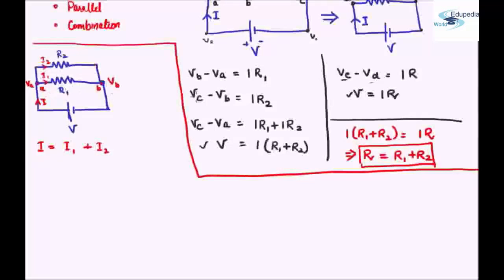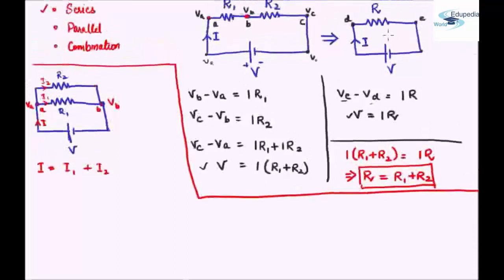The equivalent resistance circuit will be the same as here. Basically we want to replace these two resistances with this resistance R. So I am not going to draw this again. Now how do we find the equivalent resistance? In order to find the equivalent resistance, we will take help of this condition, that I should be equal to I1 plus I2.